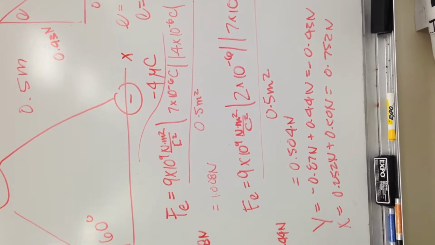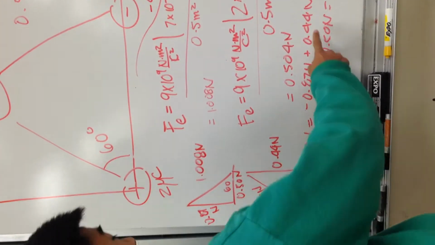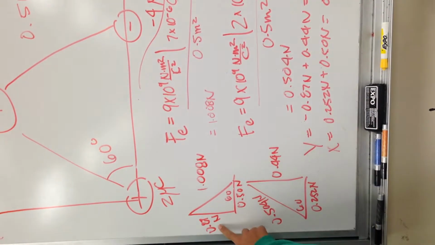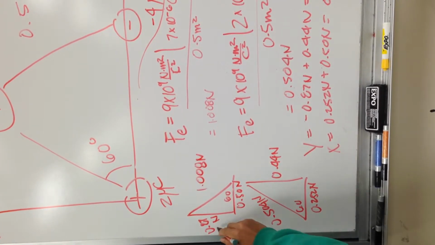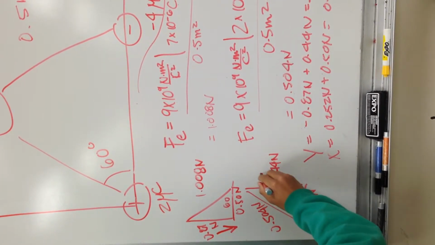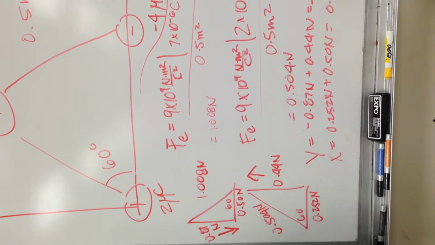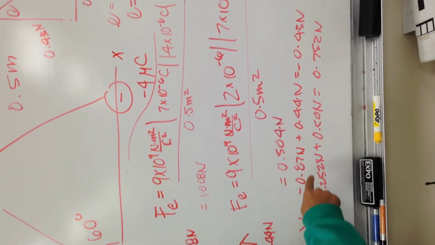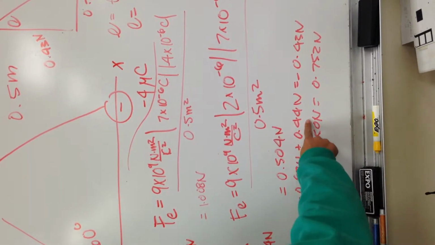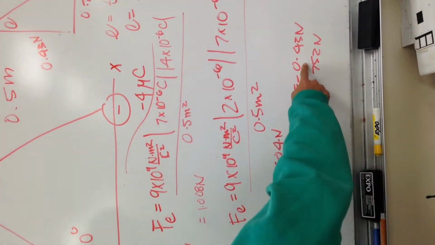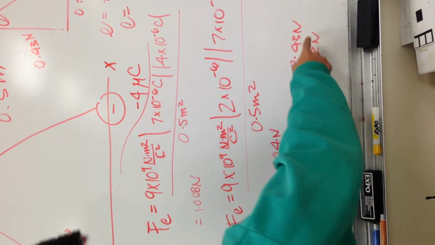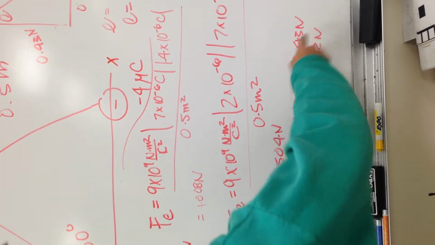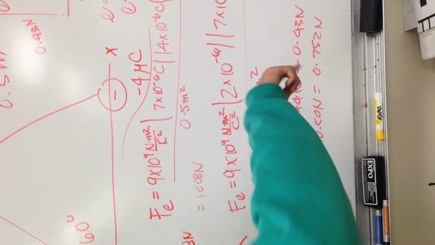So you take 0.44 in this direction, and you take 0.87, which is moving in the downward direction, and 0.44, which is moving in the opposite direction. So since this is a stronger force, you add and subtract it. You subtract 0.44 from 0.87, and you end up with negative 0.43 newtons, which would be your y direction.